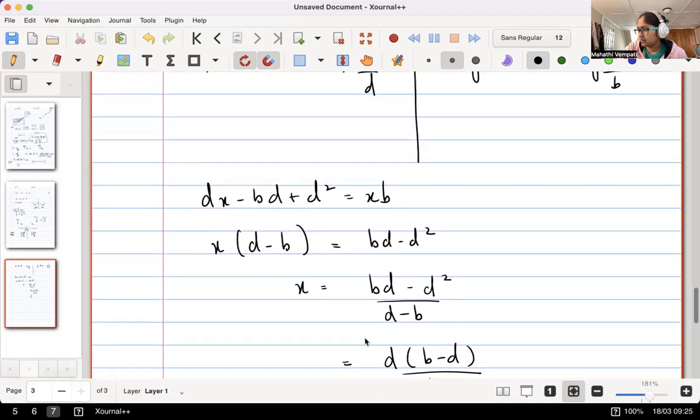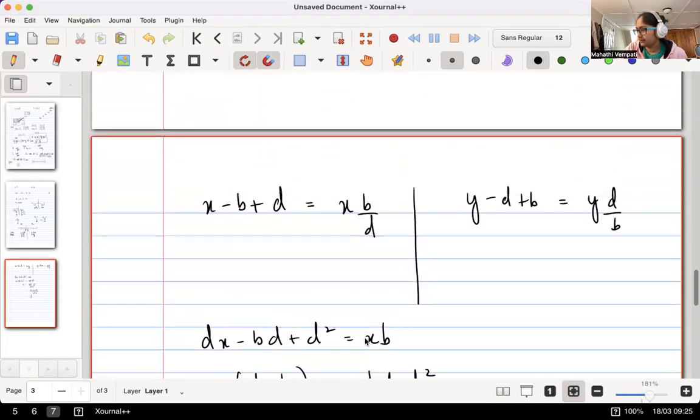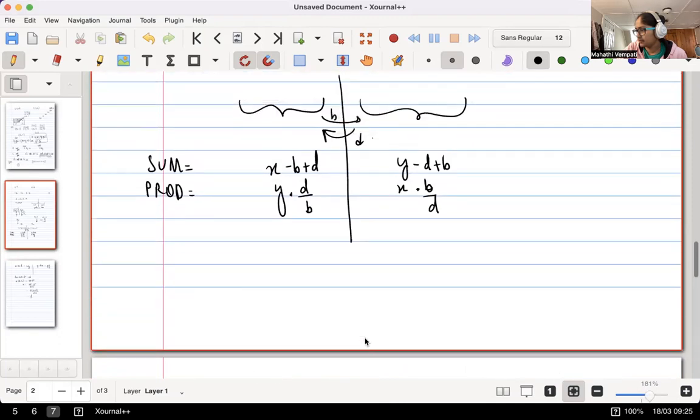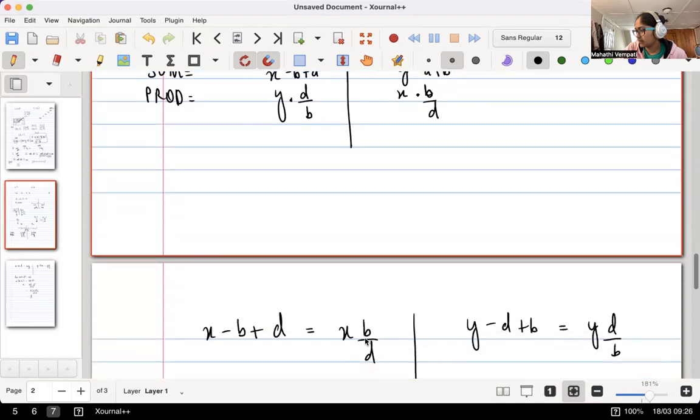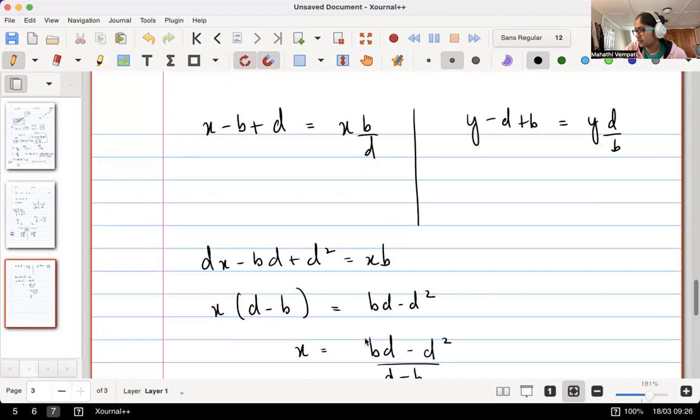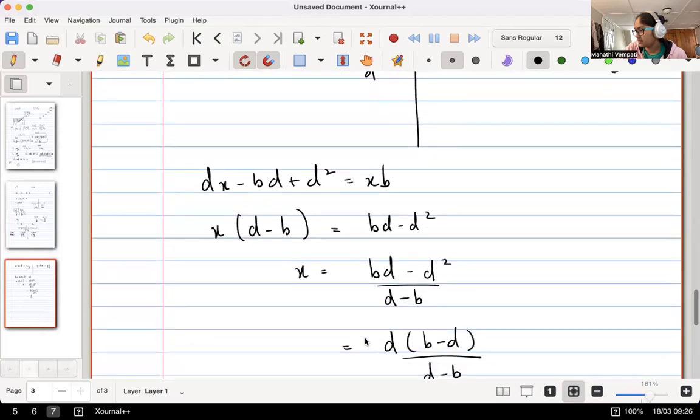That makes no sense. What did I do? X minus b plus d should be x times b by d. Dx minus bd plus d square equals xd.